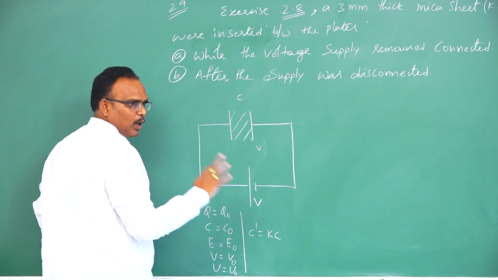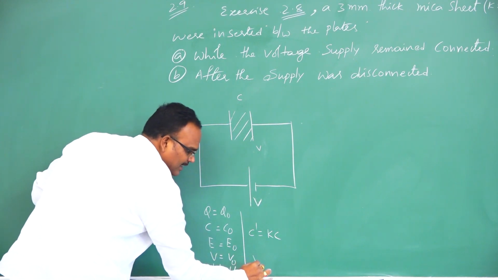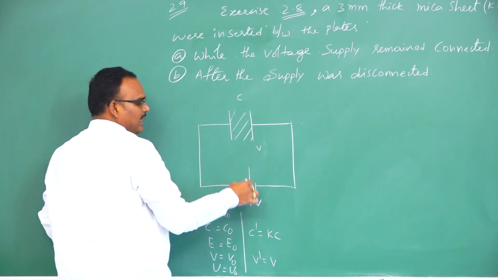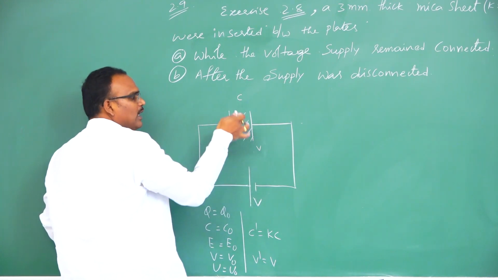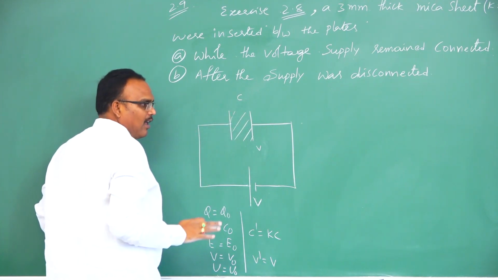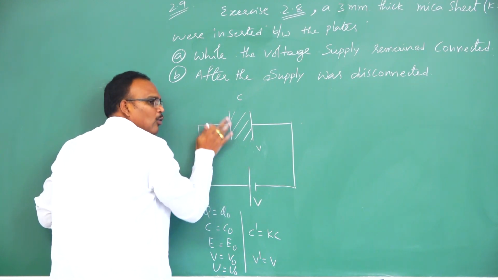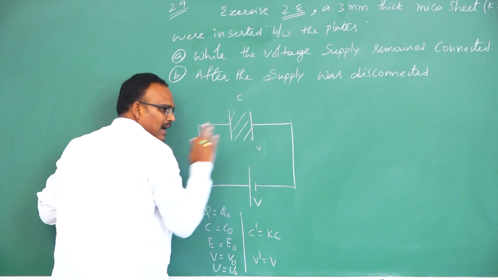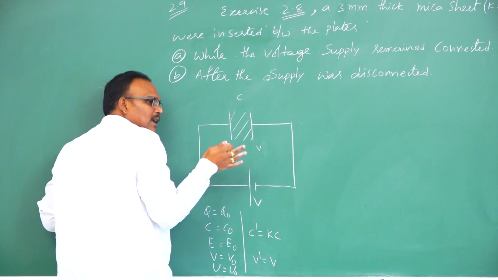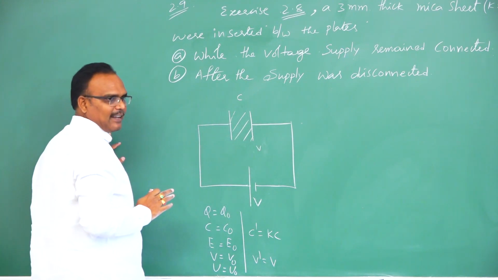Okay, this is very important. So that's why potential remains constant when the cell is connected to the capacitor. When a dielectric slab is introduced, as long as the cell is connected to the capacitor, whatever you do doesn't matter, the potential difference is the same. If because of some reason the potential changes, then it will compensate for that.